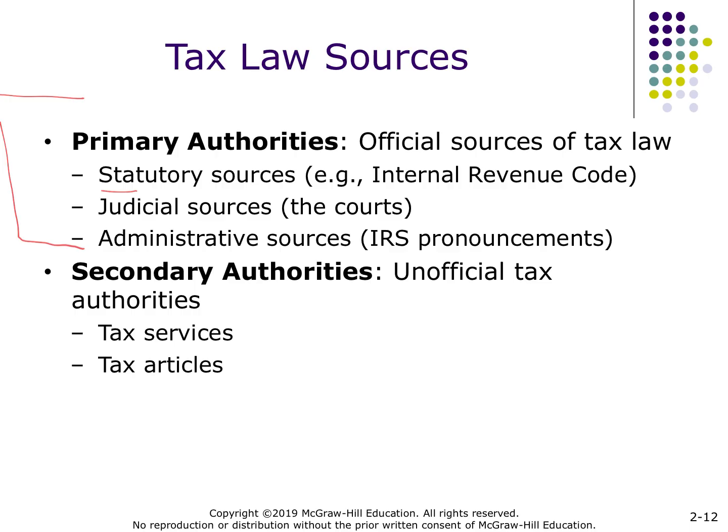Judicial sources, the courts. When the courts rule on a tax issue, they are essentially making tax law. It's not written down in the Internal Revenue Code, but you can use those decisions as precedent for what your next taxpayer can do.